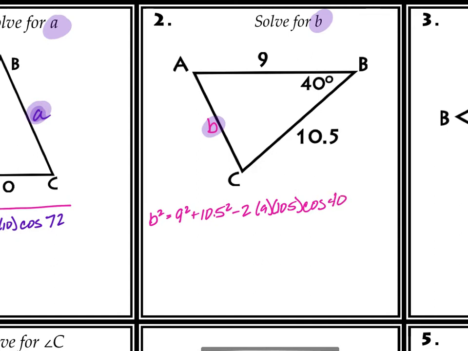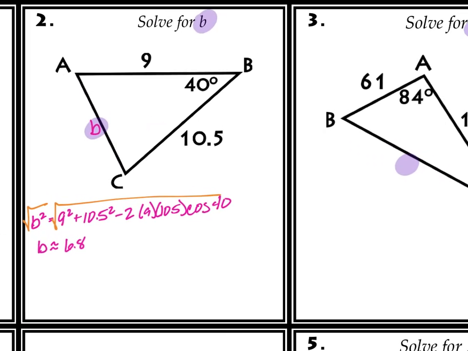And once again, the variable's by itself on the left-hand side, so I'm going to square root it. I don't have to get it by itself. It's already by itself. So B is approximately going to be equal to 6.8. And I just put that into my calculator as is, just exactly like that.